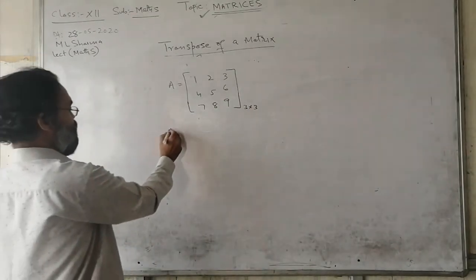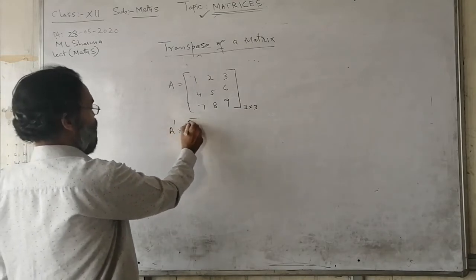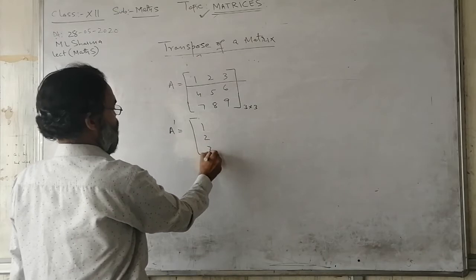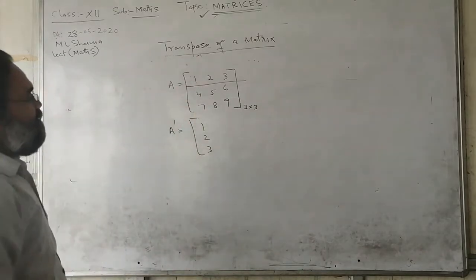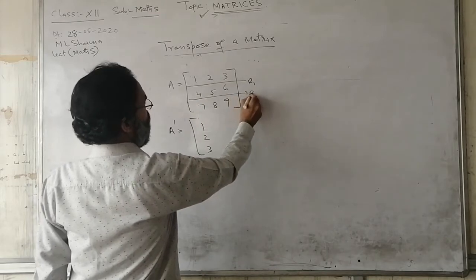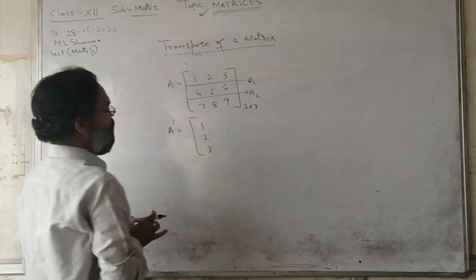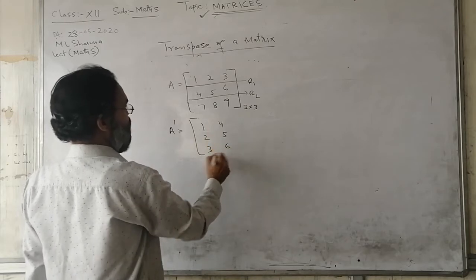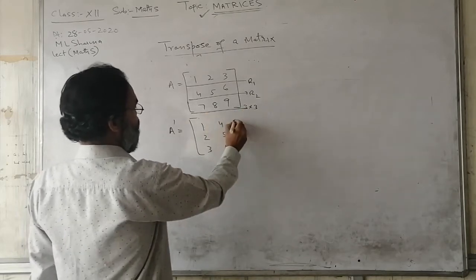So its transpose will be simply change R1 into C1, R2 into C2, that is 4, 5, 6, and R3.